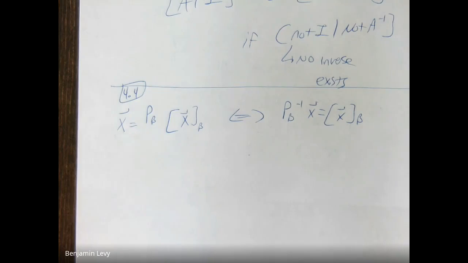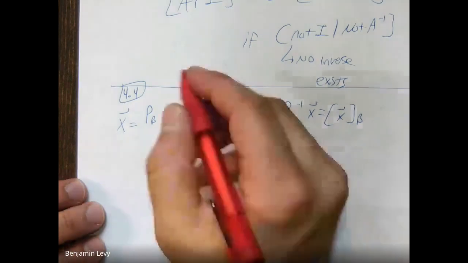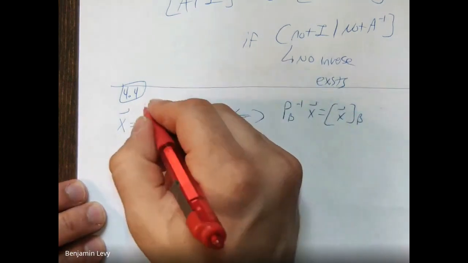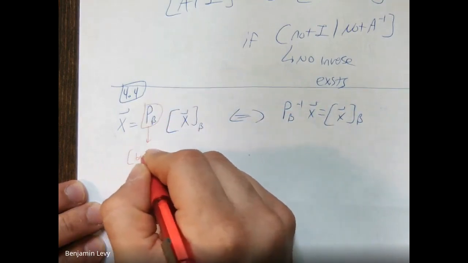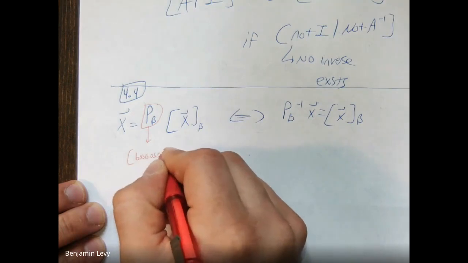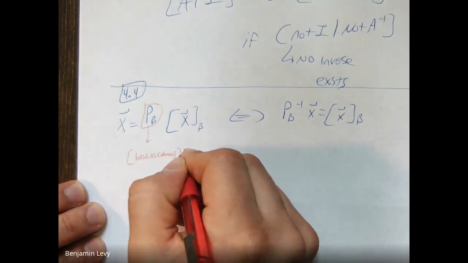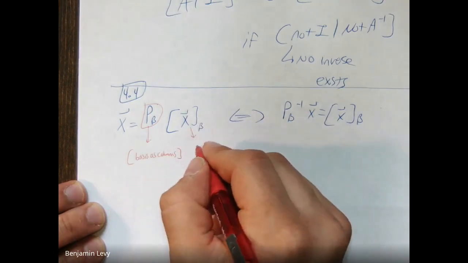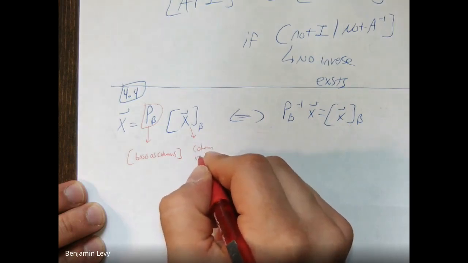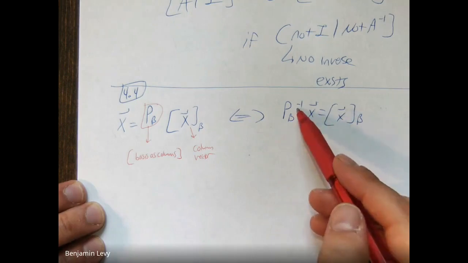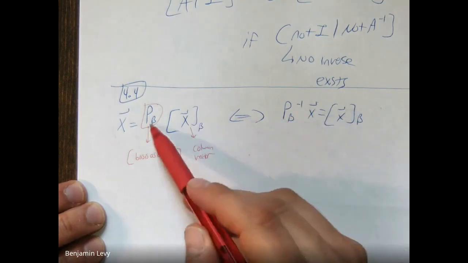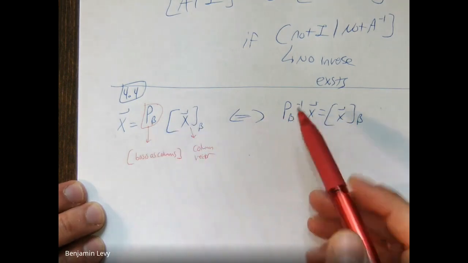Yeah, so this is like a matrix with the basis as the columns. And then this is a column vector. And so this would be the inverse of that, the inverse of this matrix. And this is a specific vector.